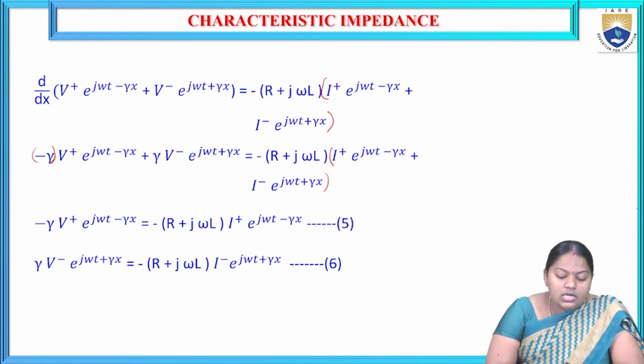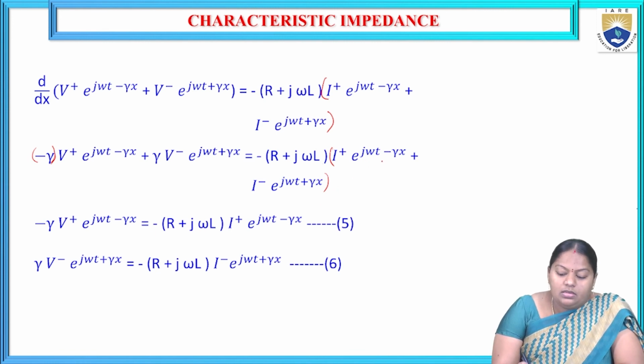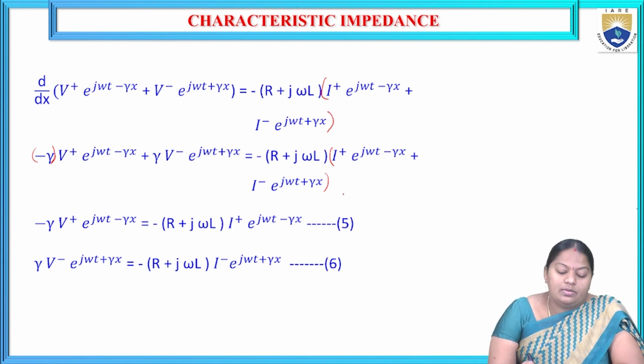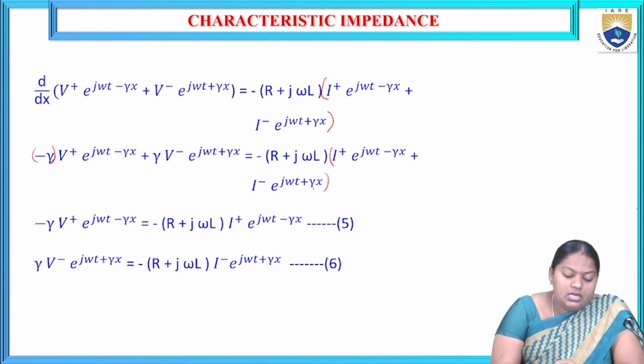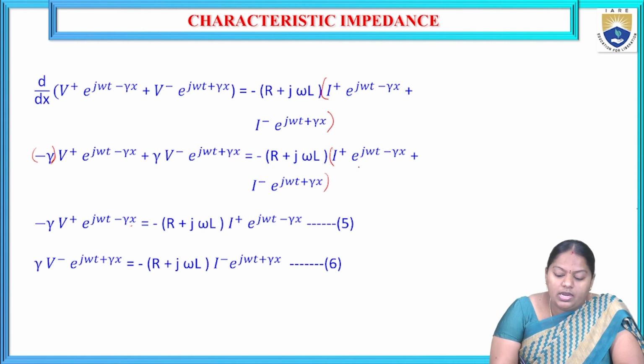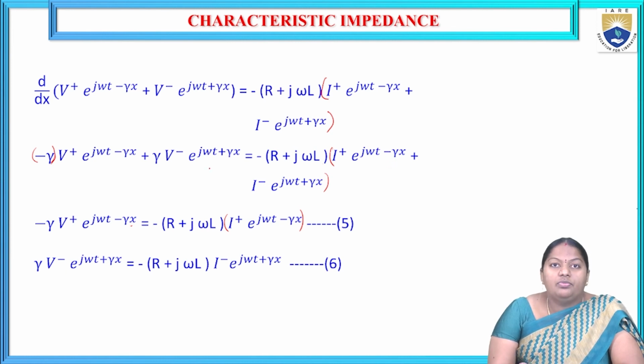Right? Now if we compare both sides, taking e^(jωt − γx) and e^(jωt + γx) separately, we first get minus γ V plus e^(jωt − γx) equal to, on the right-hand side, minus of (R + jωL) into I plus e^(jωt − γx). Now we compare the forward traveling waves and the backward traveling waves separately.